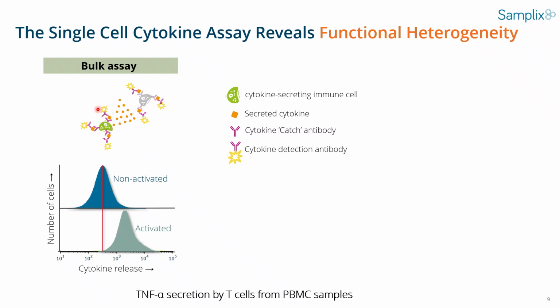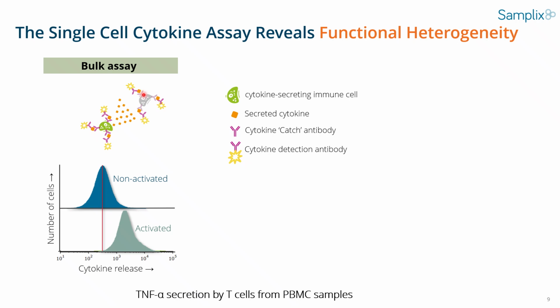Then you have detection antibodies that also recognize the cytokine and bind to it. In an assay like this, you will have many different cells. Some will be high secretors and others will be low secretors. But you can imagine that if a high secretor is next to a low secretor, there'll be some transfer of cytokine from one cell to another.